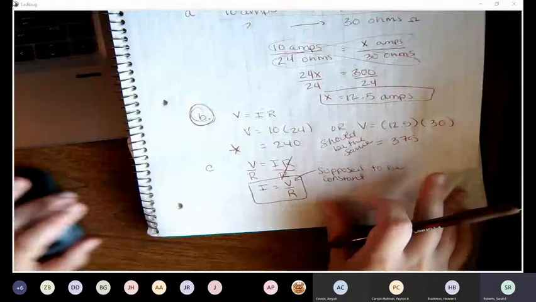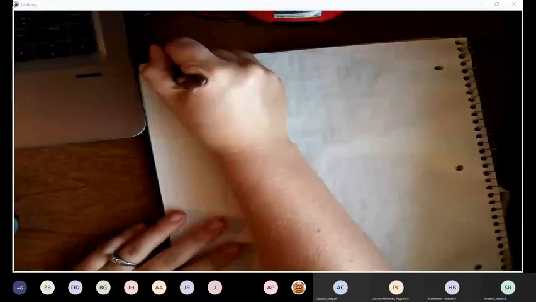All right, so the next question that was asked about was number 6. Number 6 says, on a certain map, 25 kilometers are represented by 2 centimeters.